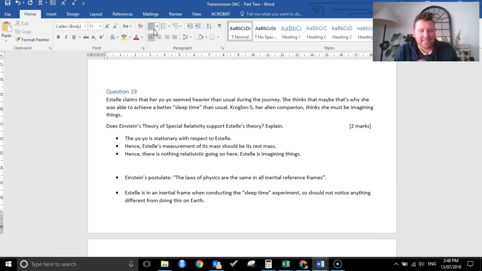They're the ones who are sitting still and Estelle is moving, right? But what Einstein asks you to do is to get rid of that thinking, that there is no such thing as absolute velocity, that Estelle is just as stationary as anybody else in the universe. As long as she's not accelerating, her inertial frame is as good as anyone's.